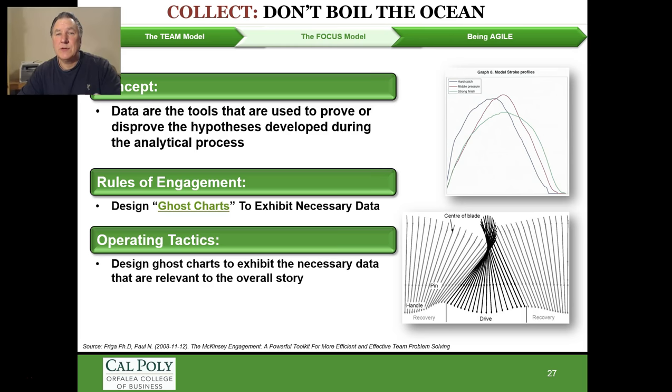If you're doing market research, if you're collecting data from analytics or third-party sources, the one key thing you have to keep in mind is if you are too broad, not focused, you're going to boil the ocean. Boiling the ocean means that you're going to be spending a lot of time and being very unproductive. So the key when you collect is you want to prove or disprove your hypothesis, that key question that we already talked about.